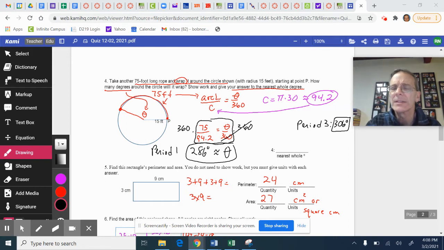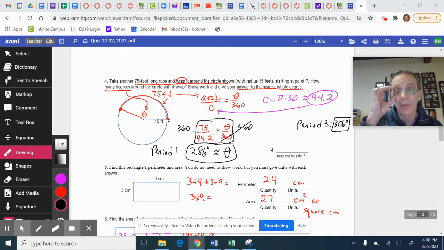The thing that really troubled me most, well, I guess there were two things that troubled me. One is that people just did not write down a formula involving arc length, but I suppose that might have been because they just didn't realize that 75 feet is, in fact, an arc length in this problem.